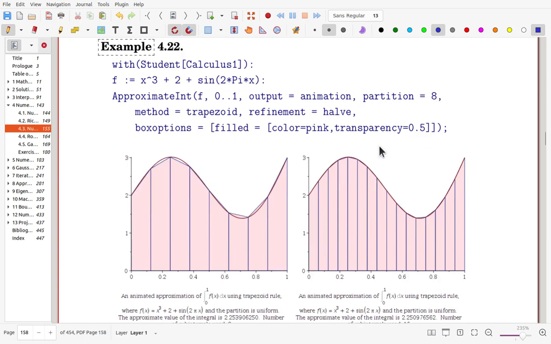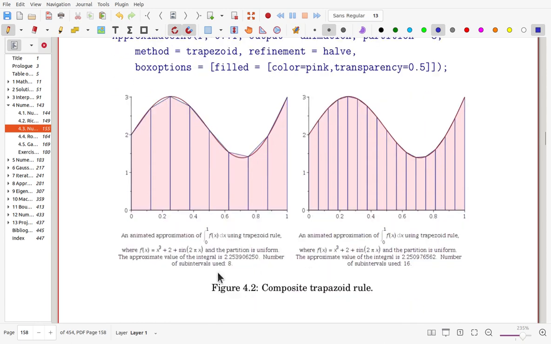Okay. Now here we have the same function. We already know that the exact value is 2.25. Now with 8 subintervals, we have a value here of 2.25390.250, so this portion is the error.